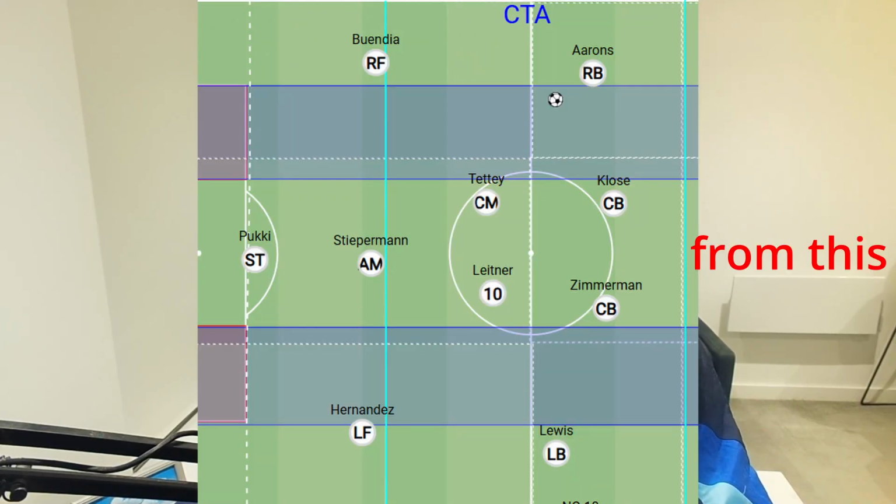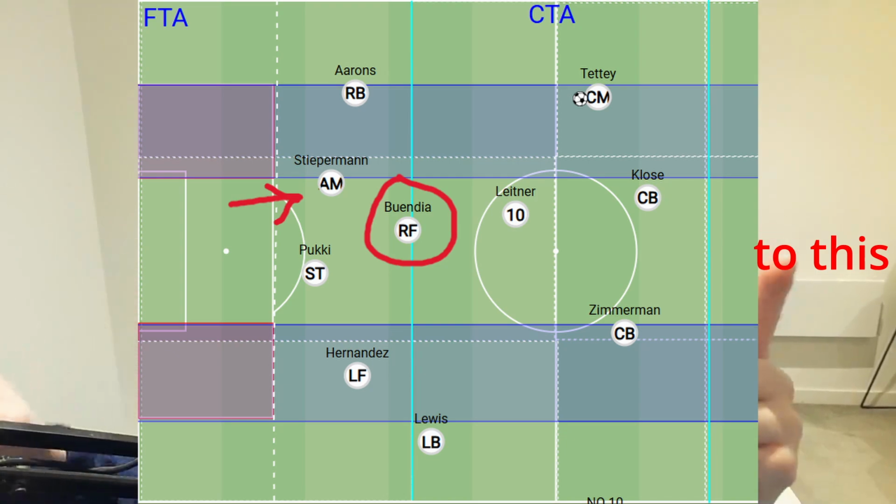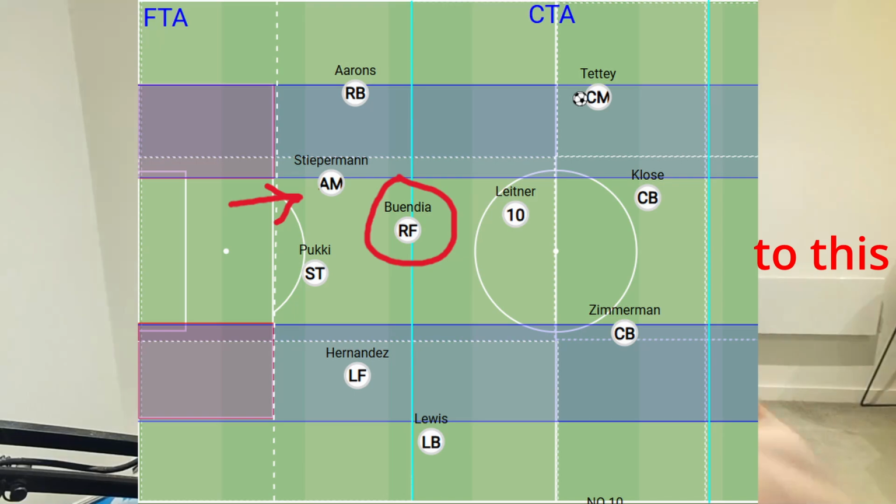You know, what Norwich did really well was when Stipperman, for example, would play alongside Pukki a lot, then Buendia would sit into the 10, and the fullback would go up. Right? That's how they do it. That's how they adapted.